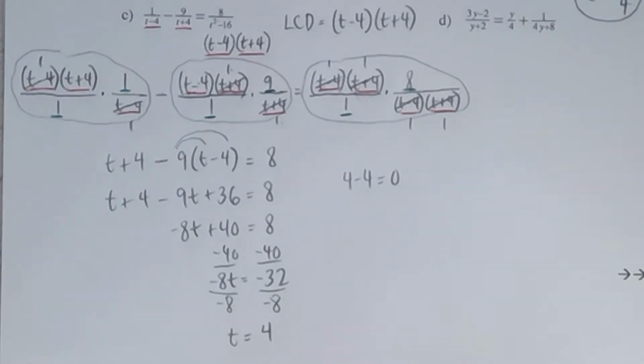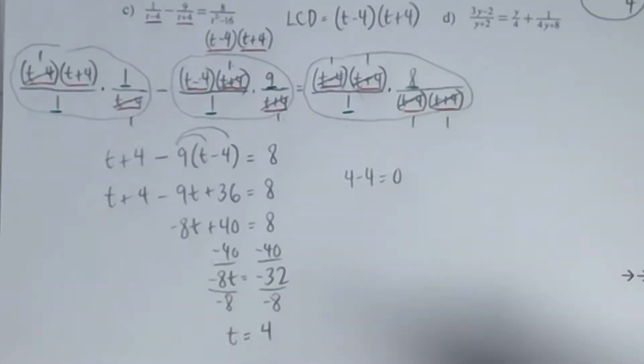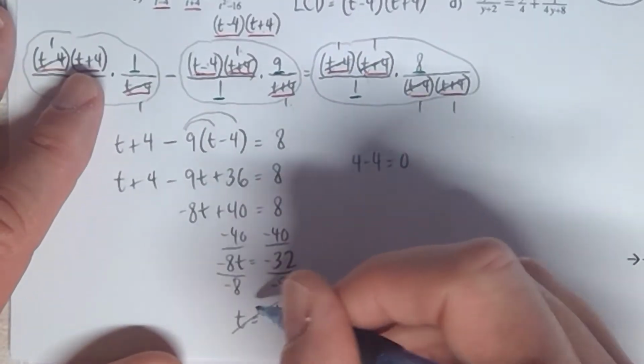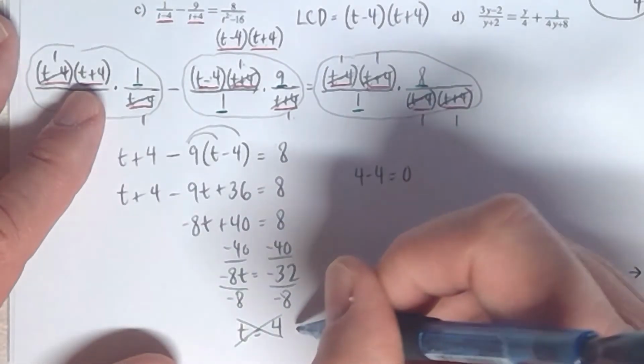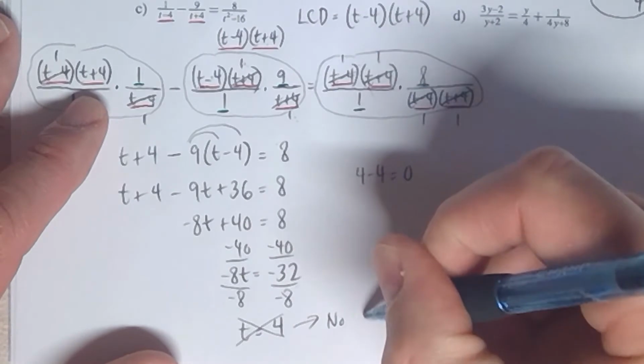So that's why I was saying you have to check to see if the denominators are equal to 0. If at least one of the denominators in your original equation is equal to 0 when you check your answer, here's what you do. You cross out that answer, and if that's the only answer you got, then that means there are no good answers. And so therefore we say no solution.